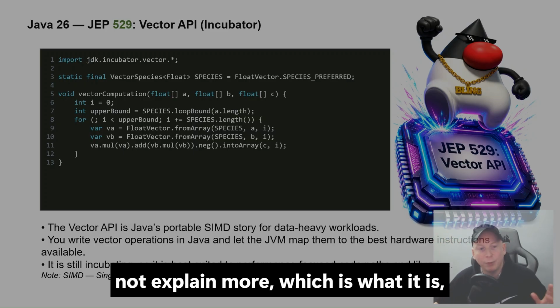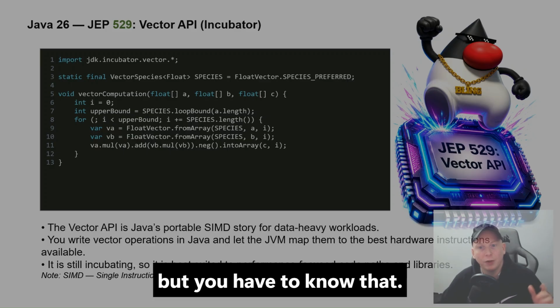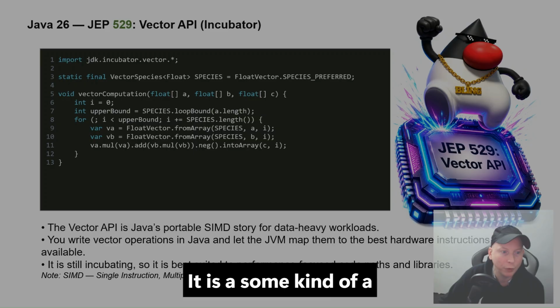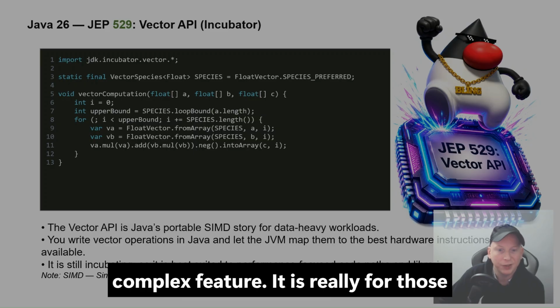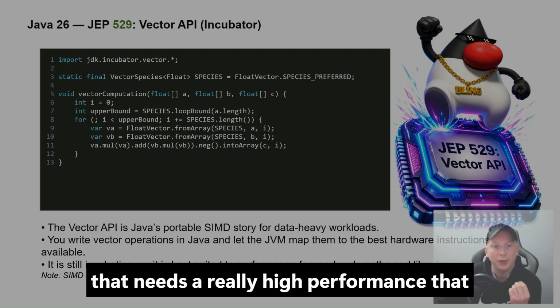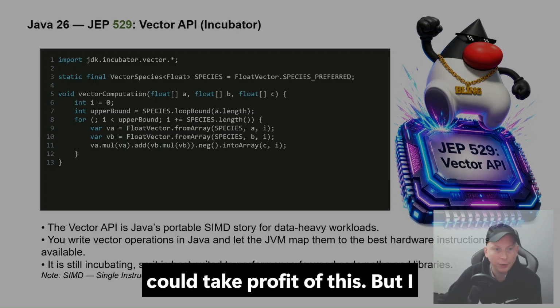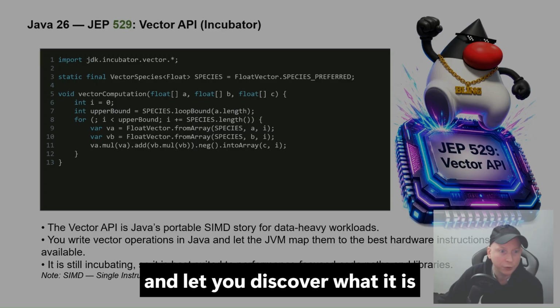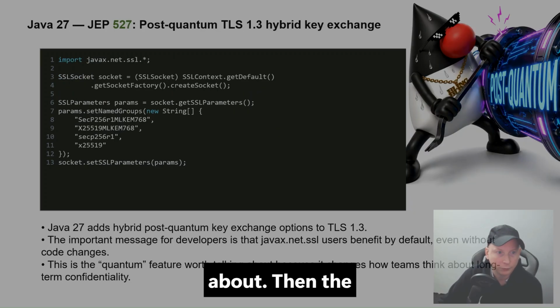I will not explain more what it is, but you have to know that it is a complex feature. It is ready for those who need some part of their code to have really high performance, that could take profit of this. But I will let you check this code and discover what it is about.